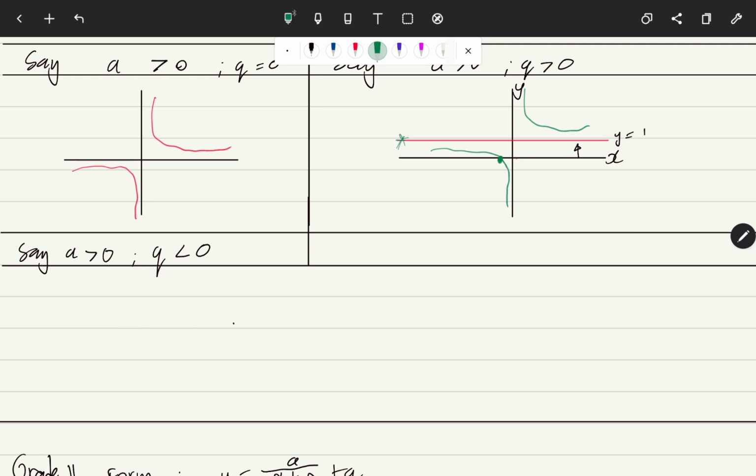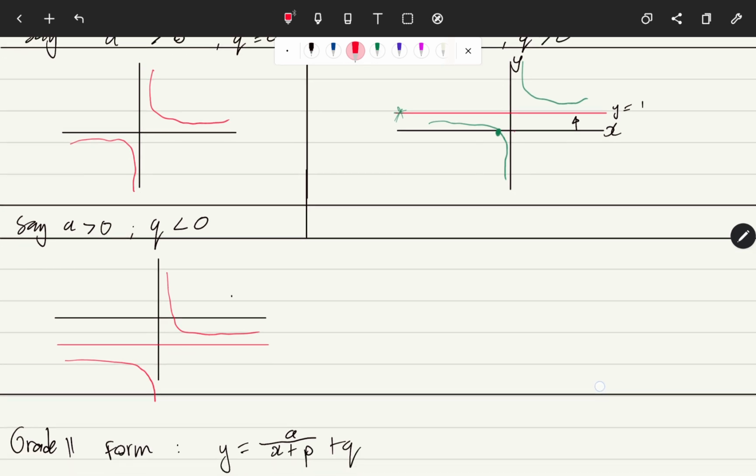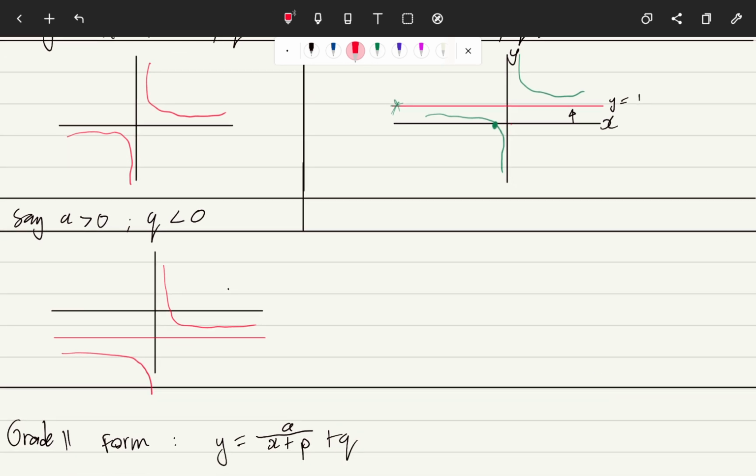And in terms of the shape, if q is smaller than 0, implying that we shifted 1 unit downwards, there's going to be this downward shift, and then our graphs will be something like this. This is just to give you an idea of what a hyperbola is.